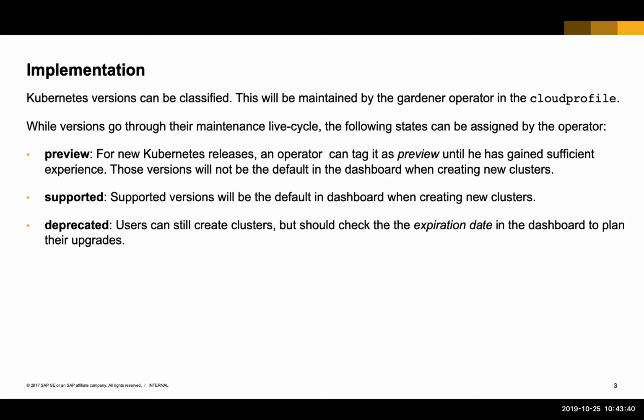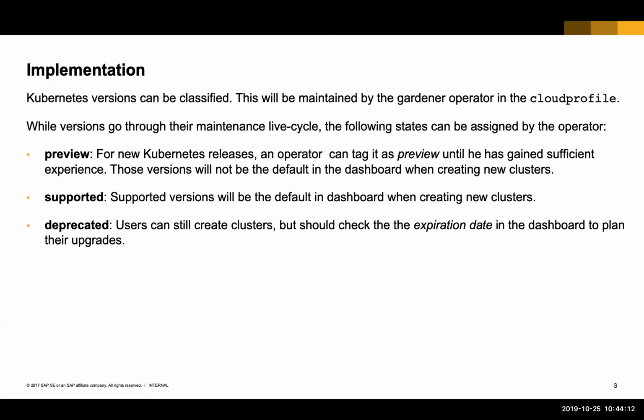If an operator thinks a specific Kubernetes version should run out of maintenance, he flags this Kubernetes version as deprecated, and in that case, he should in the same step also add an expiration date to this specific Kubernetes version, and this will of course be in the future, and how far in the future is up to the policy.